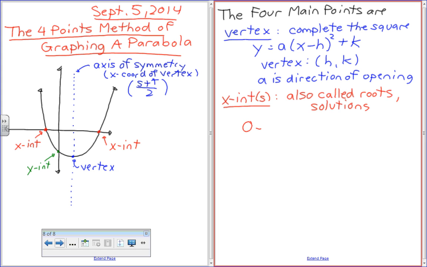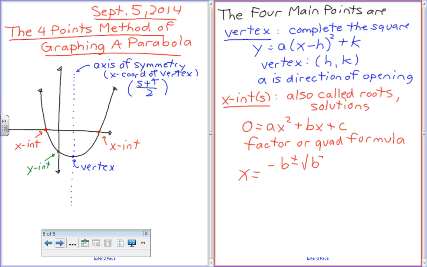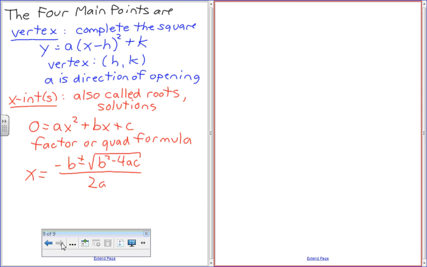You're solving, and you're going to either factor or use the quadratic formula. So it's going to be x equals negative b plus or minus. Okay, this is hopefully coming back.